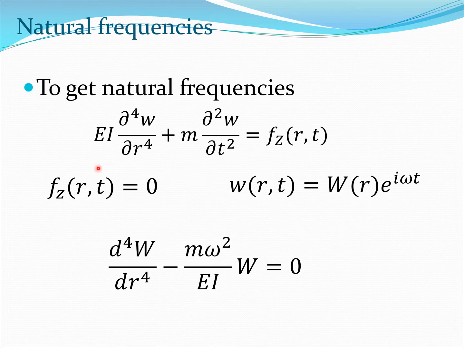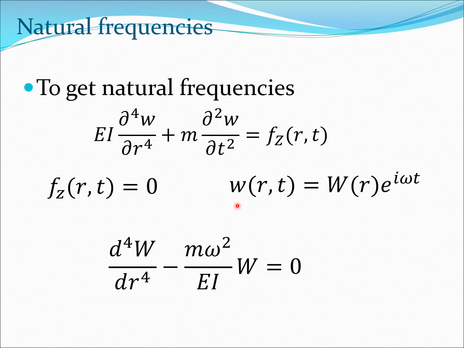Now to get the natural frequencies of this system, we do two things. Firstly, we set the forcing to be equal to 0, because we are dealing with free vibration, and free vibration involves no forcing. The second thing, we presume the solution W can be expressed in terms of simple harmonic motion.